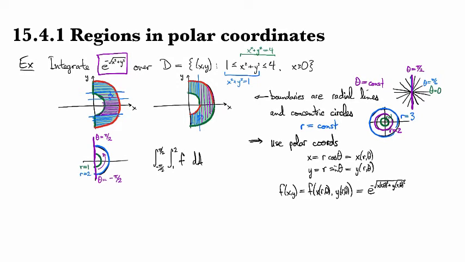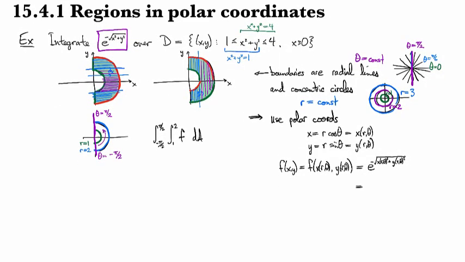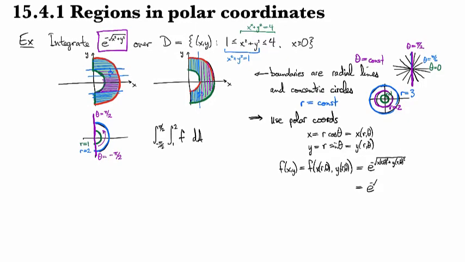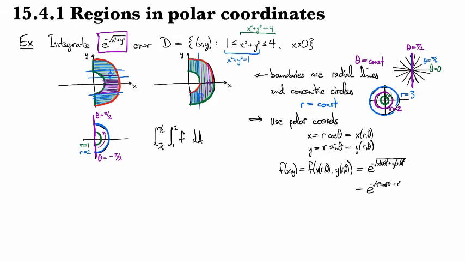And so this, in terms of the polar coordinates, is e to the minus square root of r squared cosine squared theta plus r squared sine squared theta.